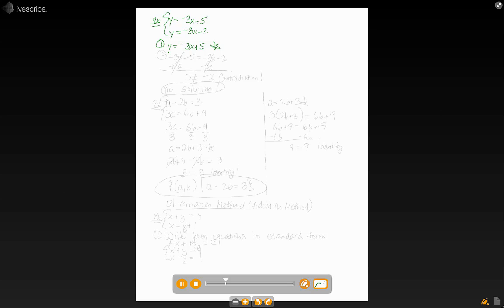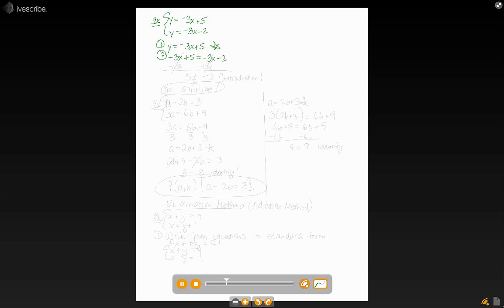And then in step 2, you want to, in the other equation, replace y with negative 3x plus 5. So in the second equation, I'm replacing my y with negative 3x plus 5. And then continue writing equals and finish writing the equation negative 3x minus 2.